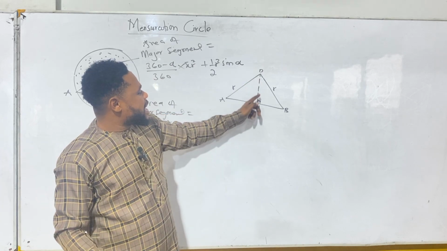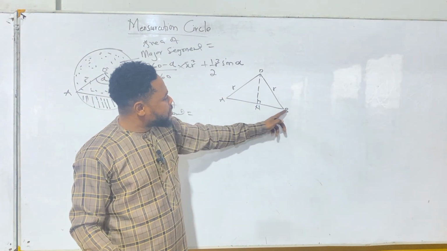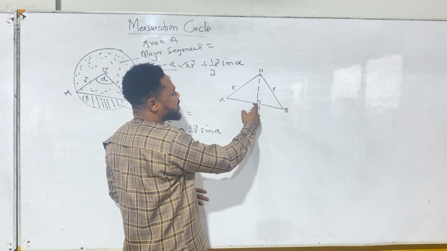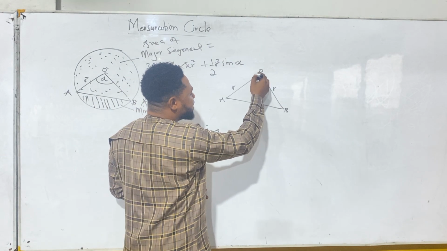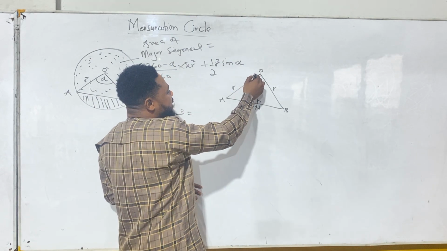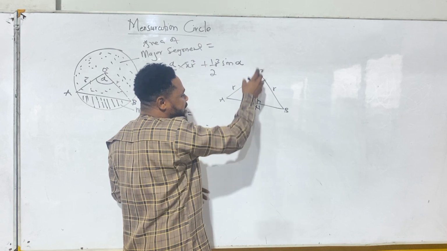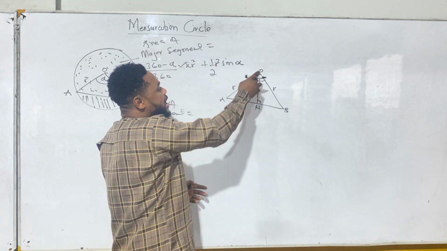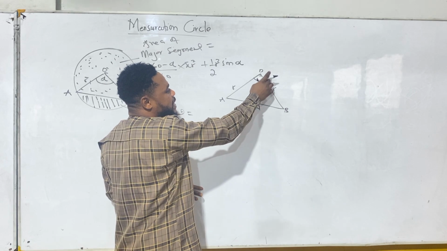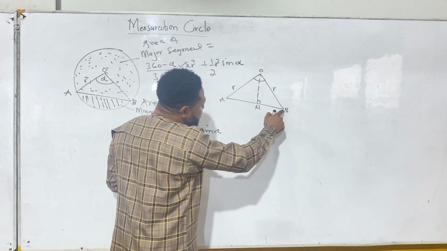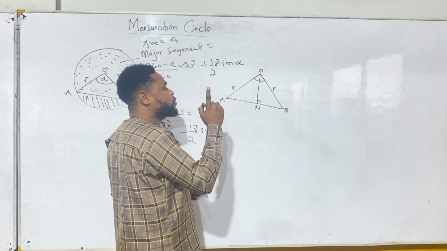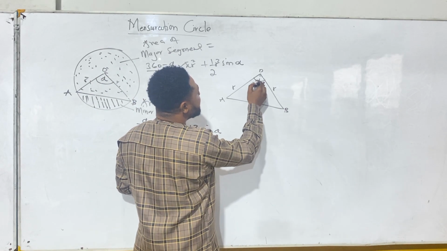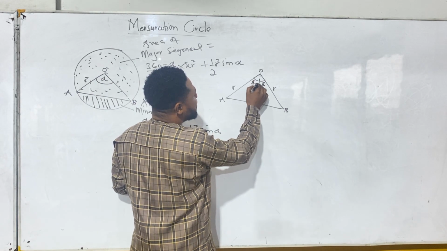And since this line bisects this chord into two equal parts, from here to here is the same as from here to here. Now, one thing you need to also know is that the angle here will also be bisected into two. That is one property of an isosceles triangle. Anytime you take your height, the angle will be divided into two, and the baseline will also be divided into two. So if the angle is alpha, then here will be alpha over 2, alpha over 2.